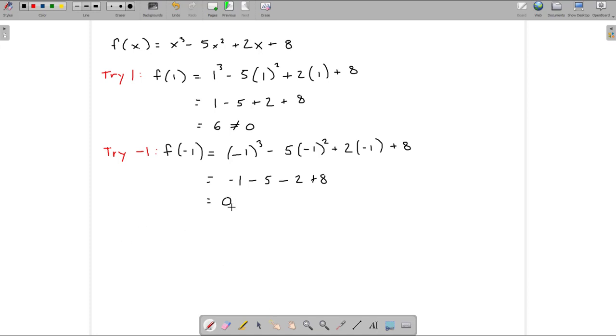So you could say that x minus negative 1, which is the same as x plus 1, is a factor of f of x.